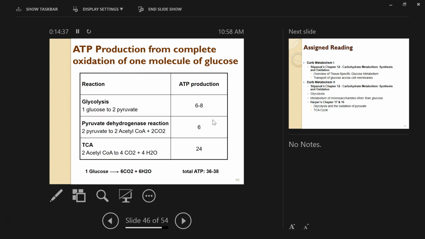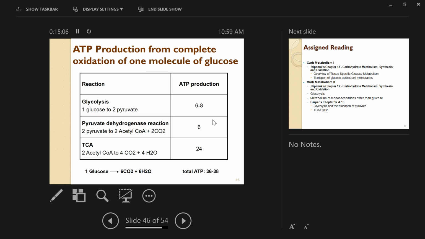So again, one molecule of acetyl-CoA enters the TCA cycle, completes the cycle, and generates 12 ATPs, right? And 2 acetyl-CoA are usually generated from oxidation of 1 glucose molecule. So we need to multiply by 2, right?